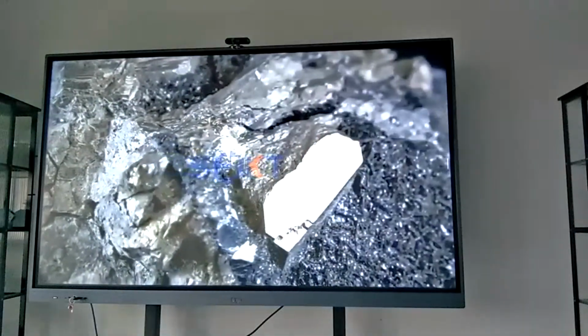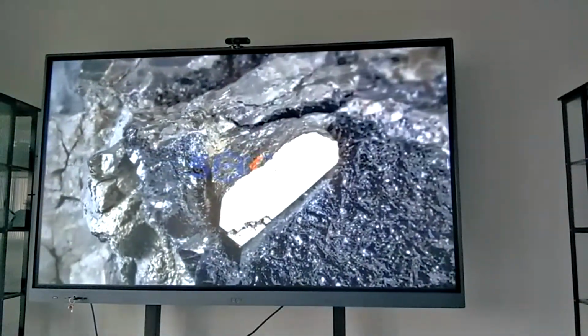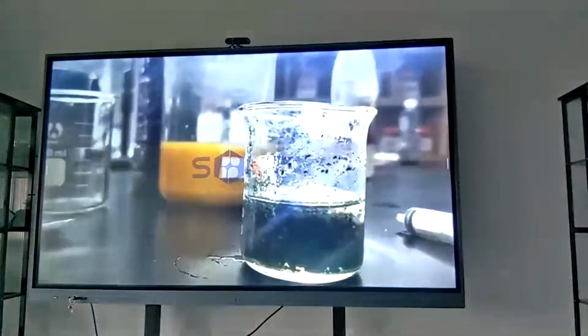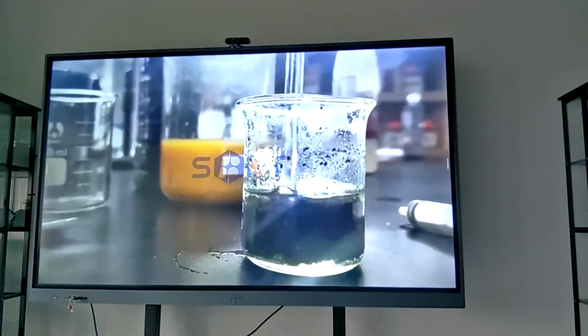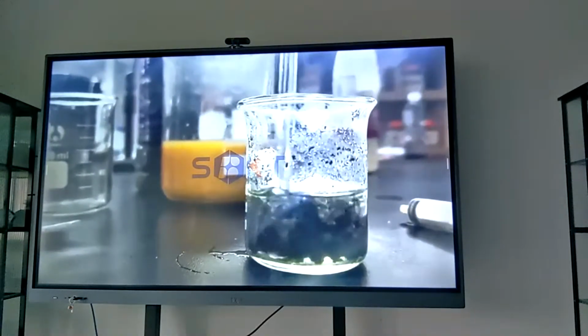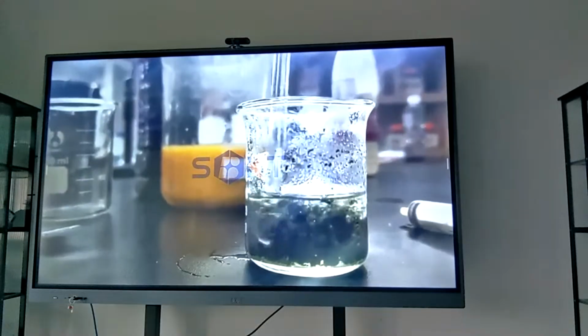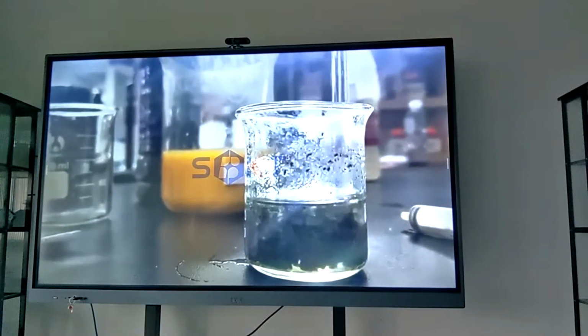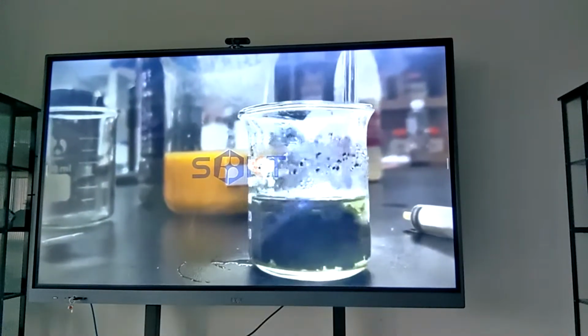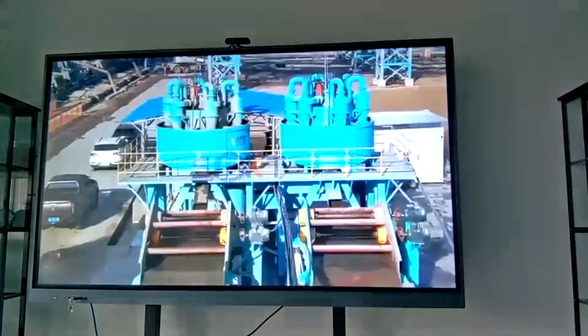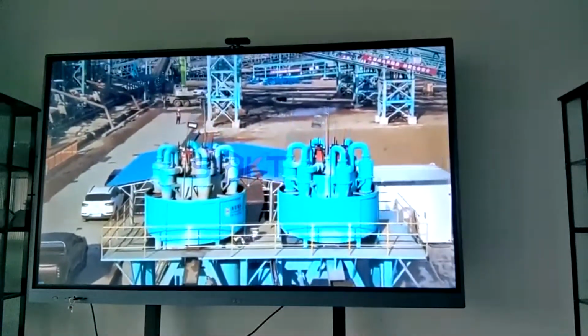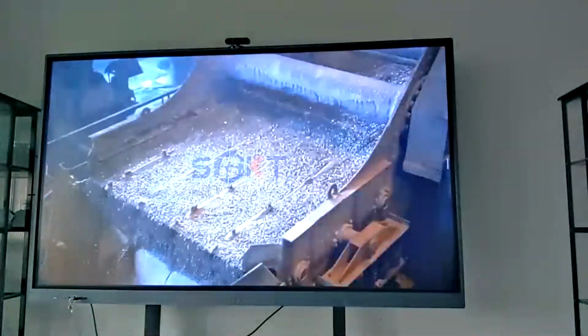The fourth part is the beneficiation equipment. Fourth is the magnetic separation equipment, used to remove iron filings or process gold ores containing associated magnetic minerals.